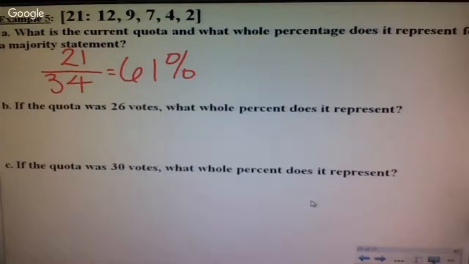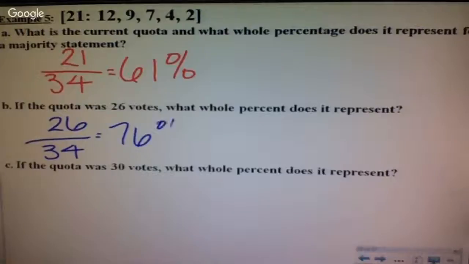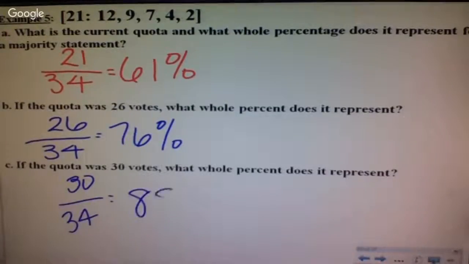If my quota is 26, what percent does that represent? So again, it's always the quota divided by your total. 34? I got 76. So that's 76% of the vote. If my quota is 30, it should go higher, right? 30 out of 34? 88.